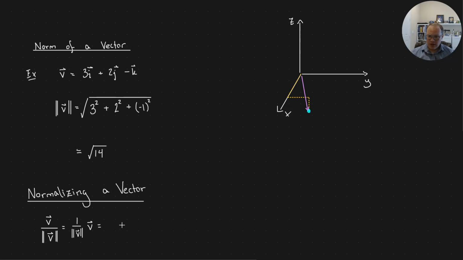So in this case, let's use the same vector v. We've already found the norm at square root of 14. So I'm going to take that vector v, that's 3i plus 2j minus k, and I just divide each component by the square root of 14. My resultant vector is 3 over root 14 i plus 2 over root 14 j minus 1 over root 14 k.